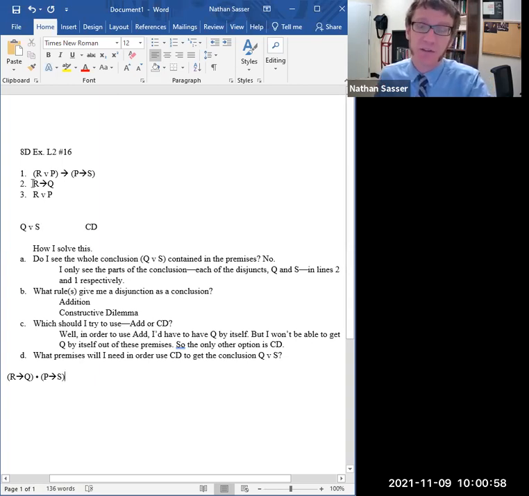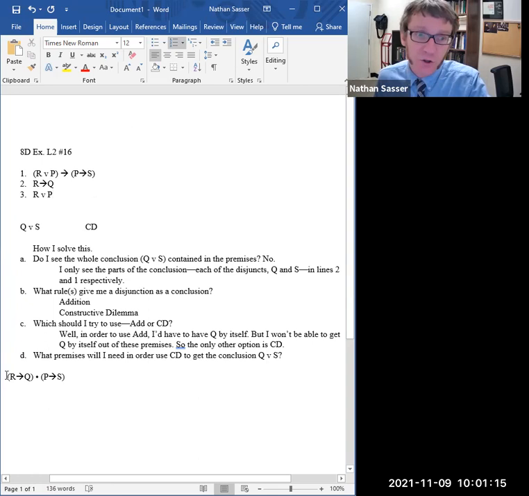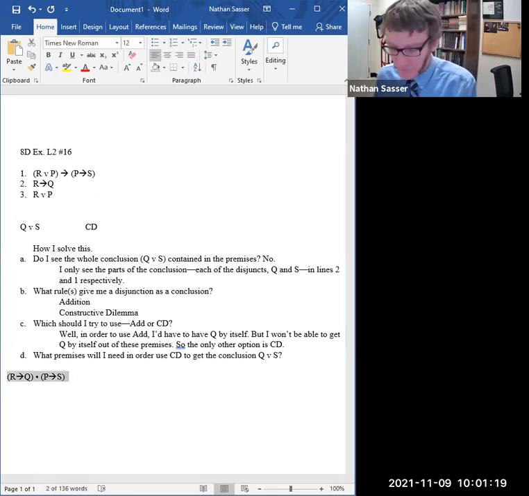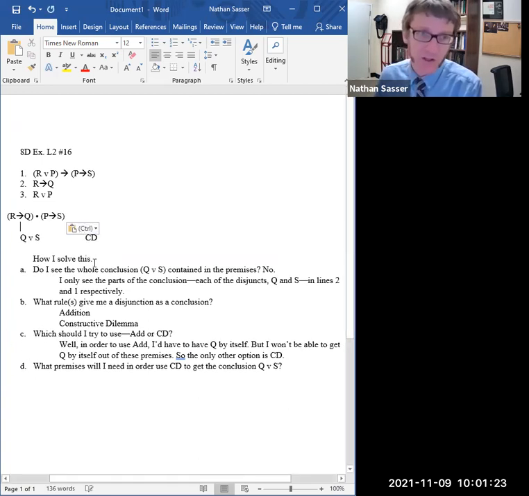There are two conditional statements in these premises that immediately suggest themselves, right? You've got if R then Q. Oh, Q is the consequent of that conditional. And you've got if P then S. Oh, check that out, now S is the consequent. So you can do constructive dilemma if only you can get this premise.